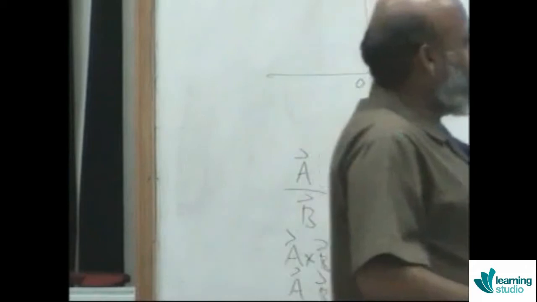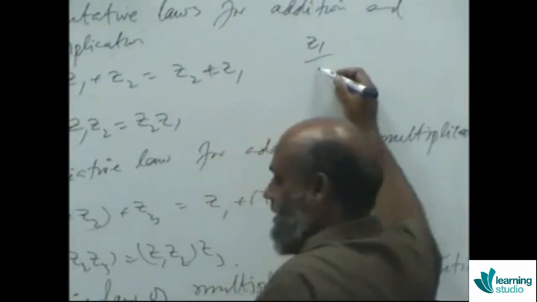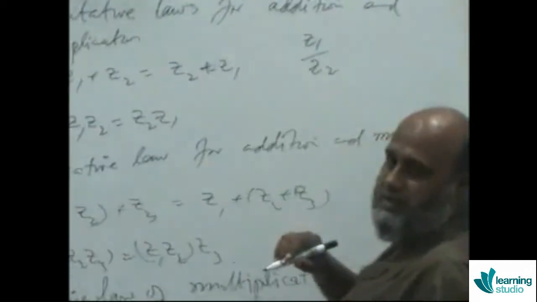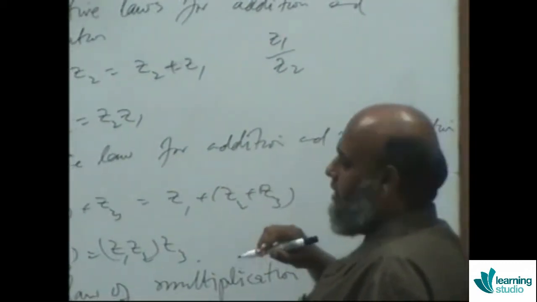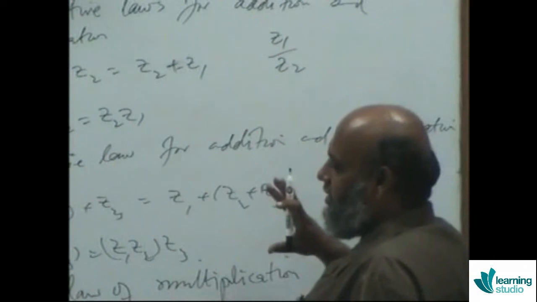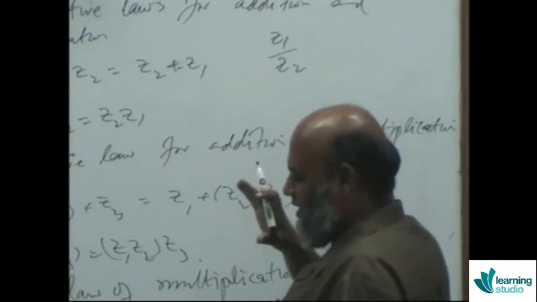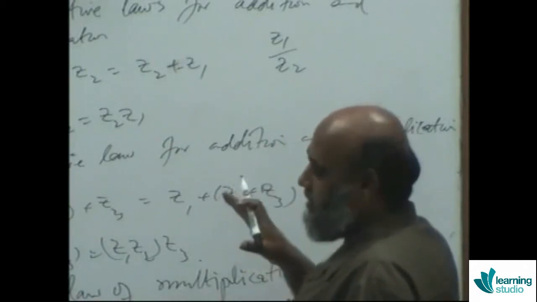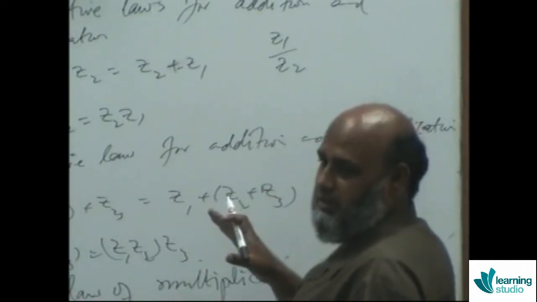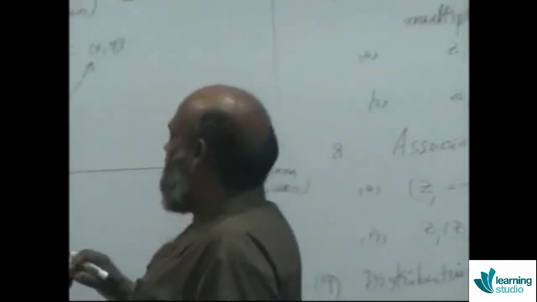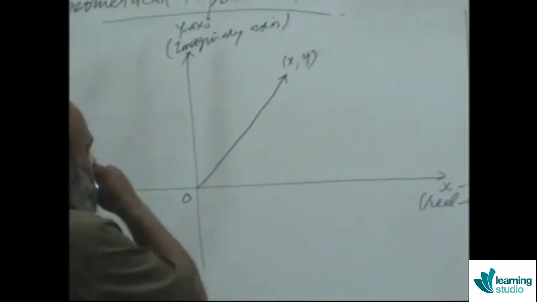So if complex number is considered to be a vector, then we cannot define this. This is a vector not in a true sense. It is just representation of the vector.